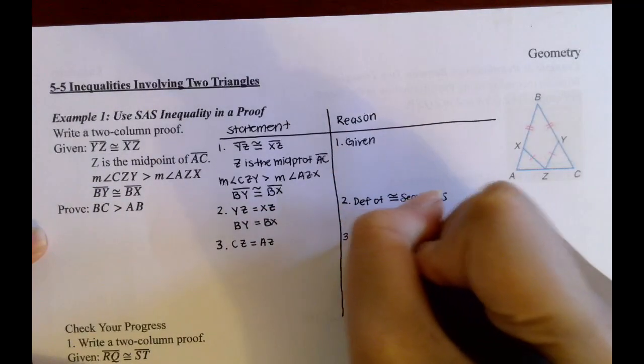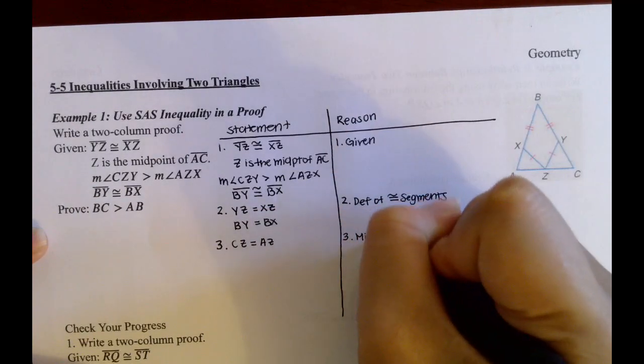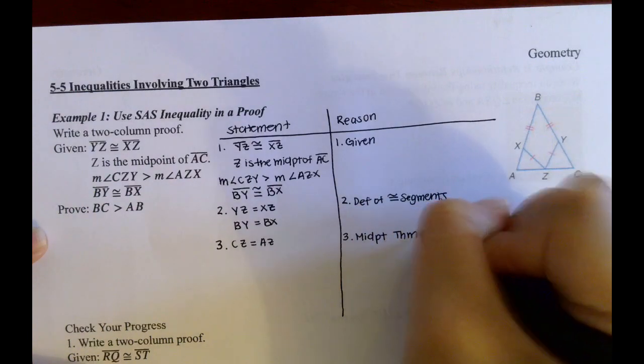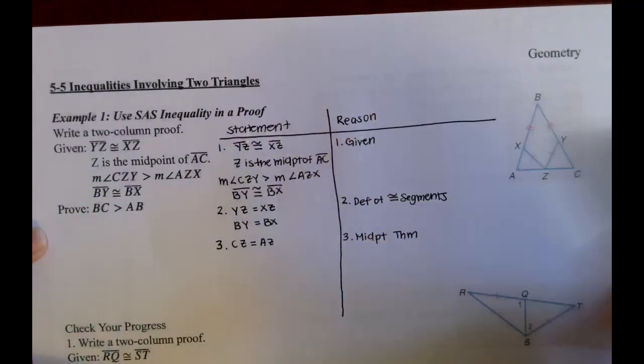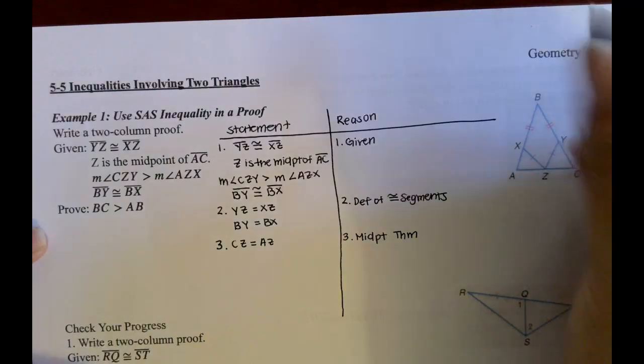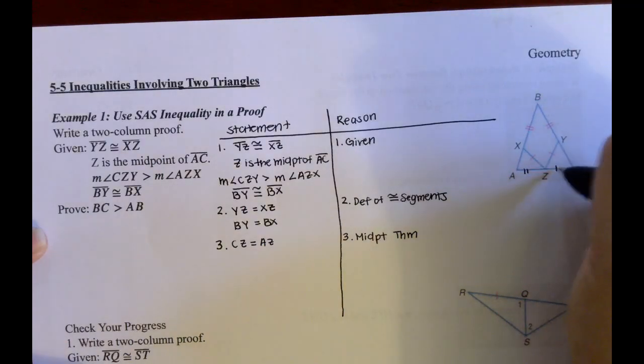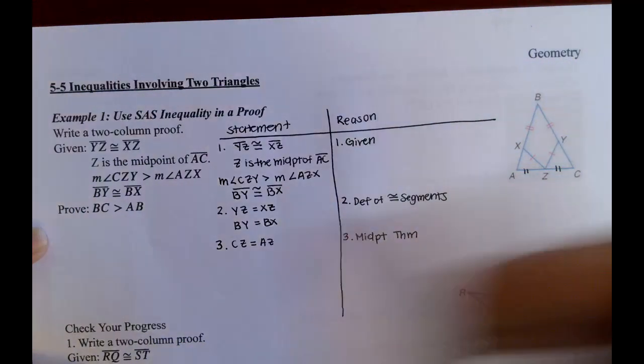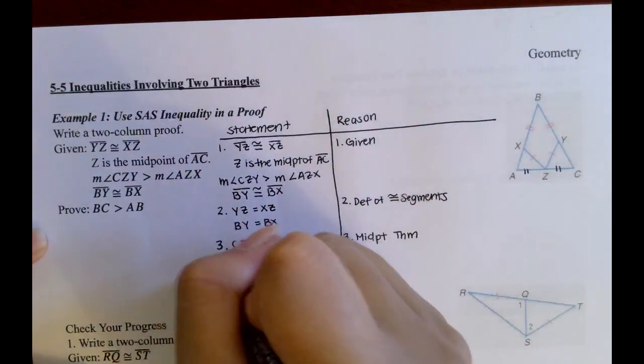This is the midpoint theorem. Now here I have congruency, and through step 3 I have congruency, so I can use my side angle side inequality.